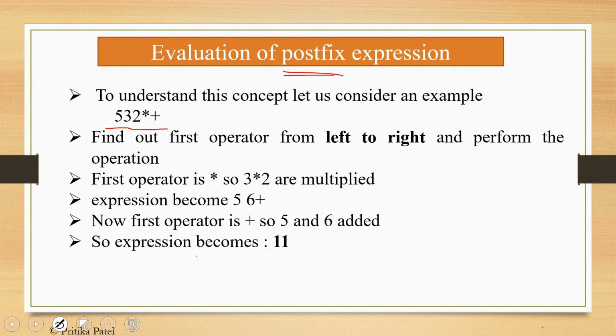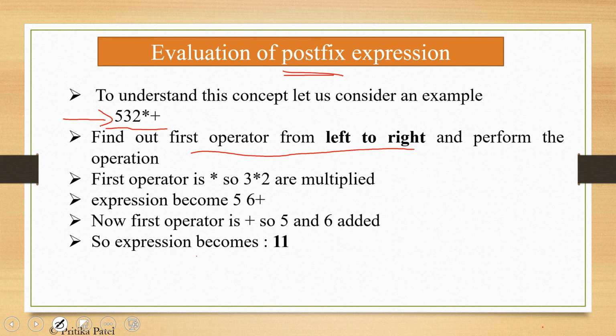This is the example to understand the concept of postfix expression. Now find the first operator from left to right. We have to scan our expression from left to right, so start from here and go to the right side and perform the operation.